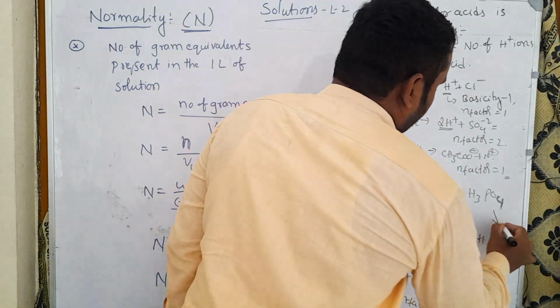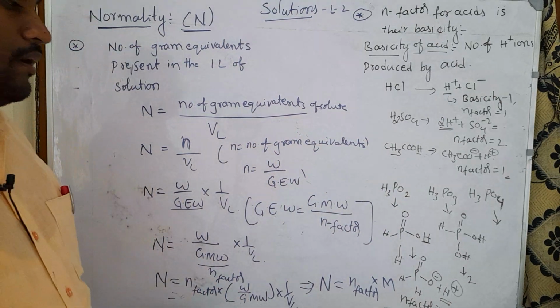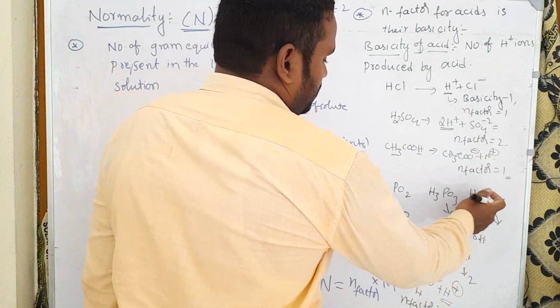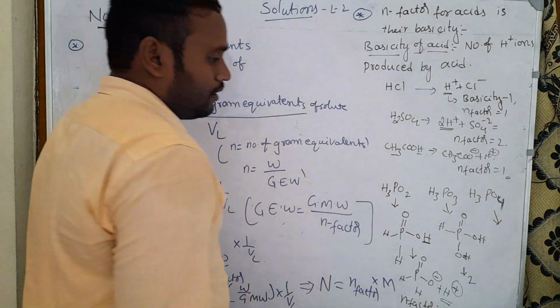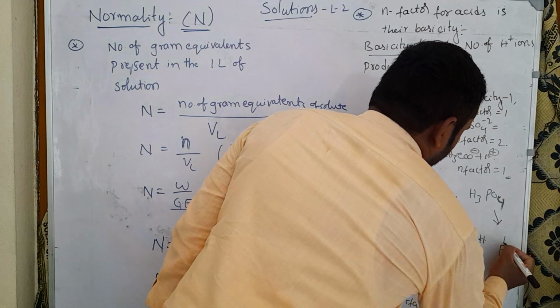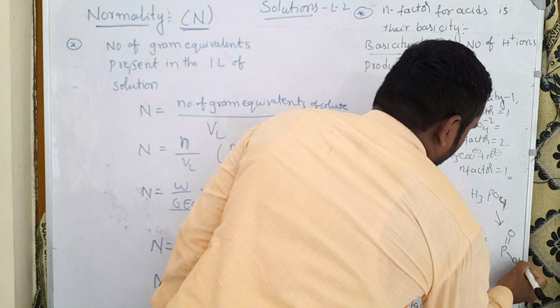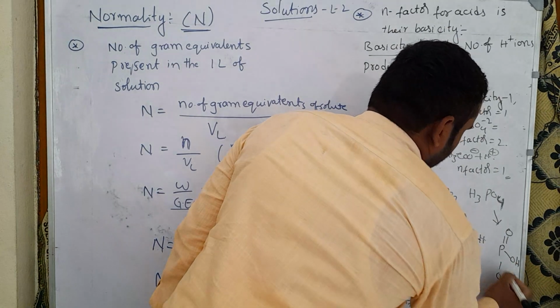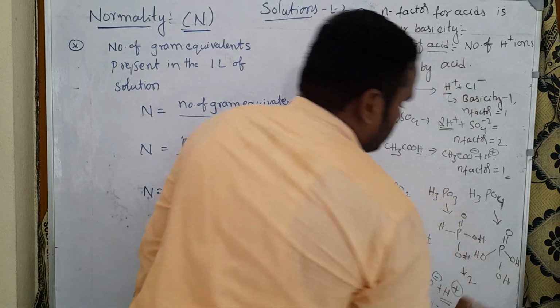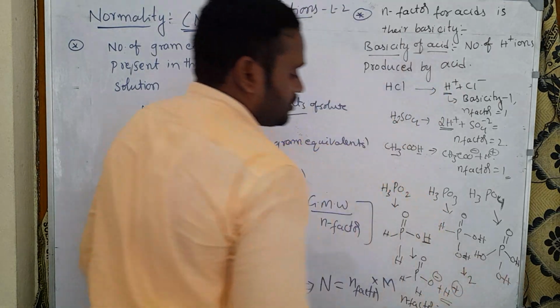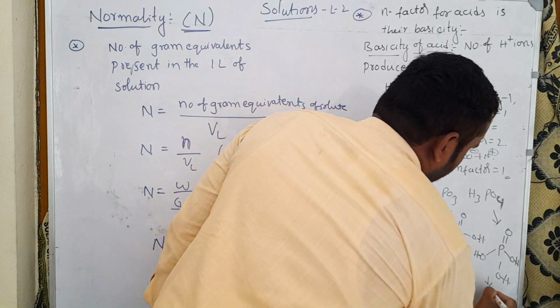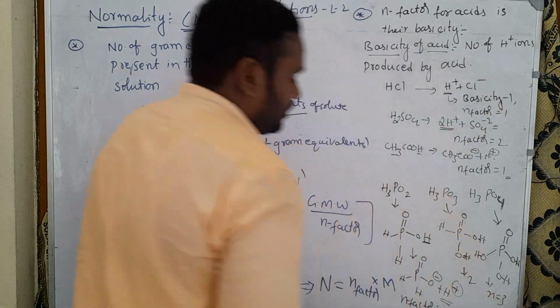And H3PO4 is phosphoric acid, sometimes called orthophosphoric acid. Its structure is P double bond OH, OH, OH. Here 3 hydrogens are replaceable, so its n factor is 3.